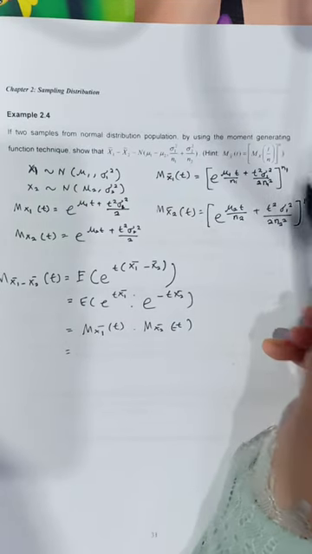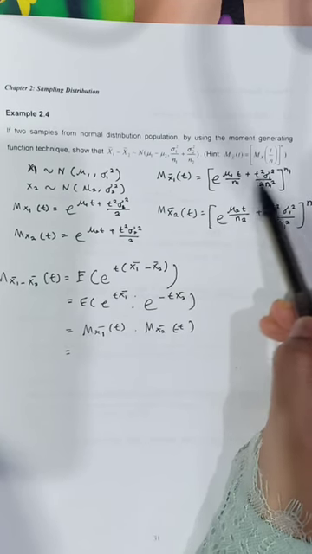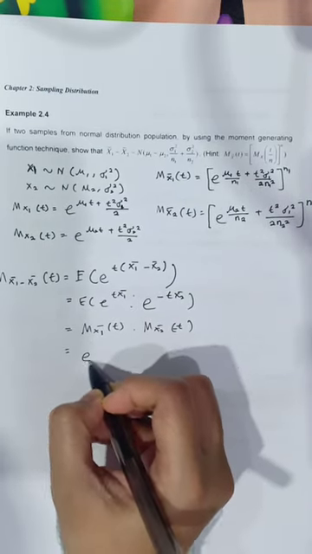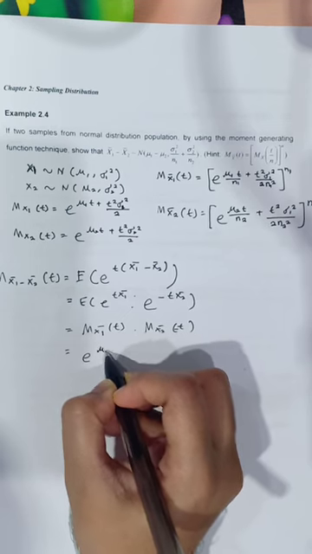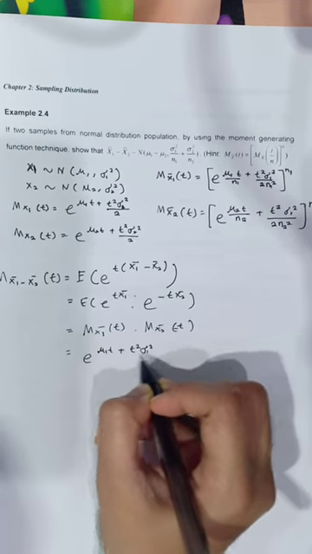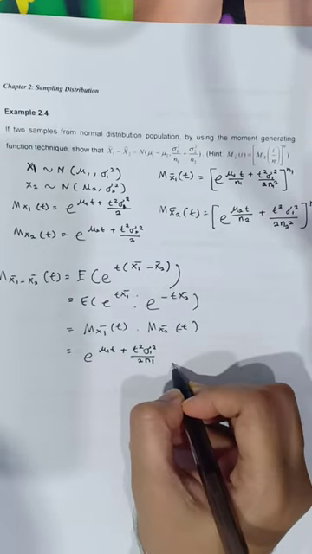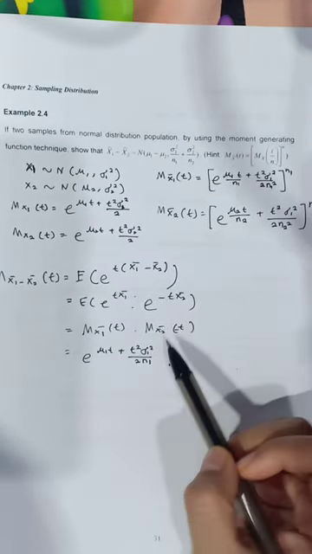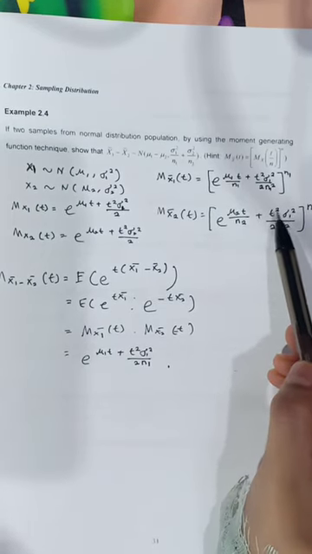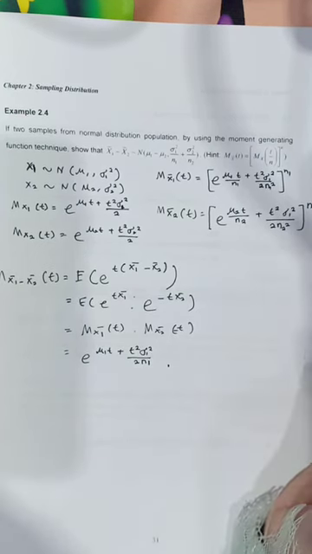We already have M x1 bar t and M x2 bar t, so just replace here. The index power of n1 can be eliminated with this. So M x1 bar t will be e power of mu1 t plus t square sigma 1 square over 2 n1. Multiply, but here M x2 bar negative t, so here you replace t with negative t.